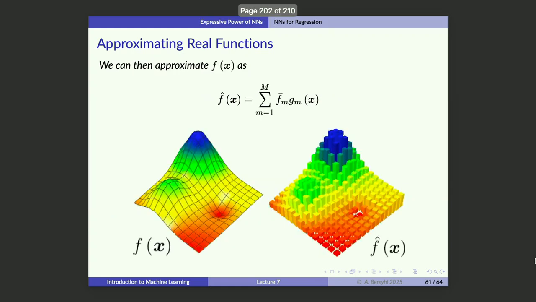And then you can approximate your function f with f hat, and that f hat is simply those average values multiplied by the corresponding classifiers, right? So thinking of a two-dimensional surface, it means that I make tiny square grids, and in every grid, my function is constant. But if I increase the number of those grids, then this approximation is going to get very, very close to the true function, right?